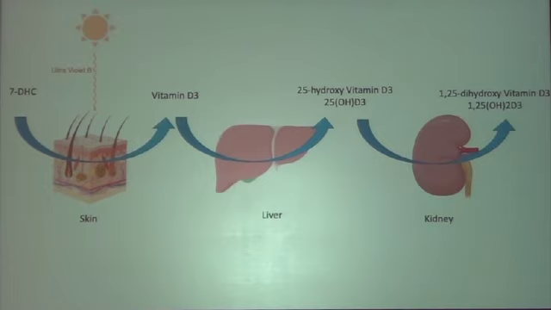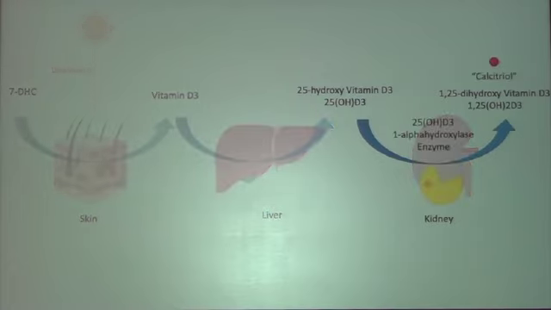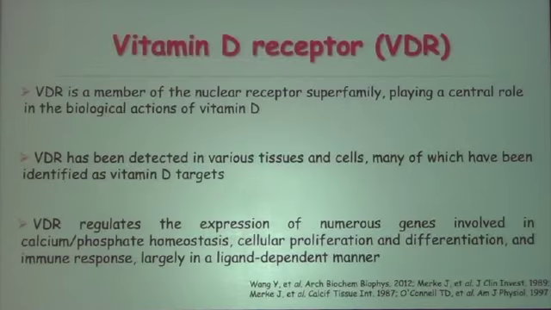Calcidiol is then transported to the kidney, where the rate-limiting enzyme of vitamin D metabolism, 1-alpha-hydroxylase, converts it into the active form of vitamin D, that is called calcitriol, or 1,25-dihydroxy vitamin D3.